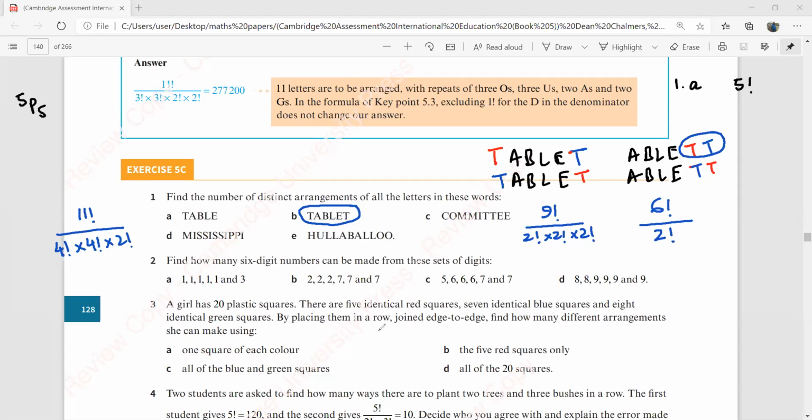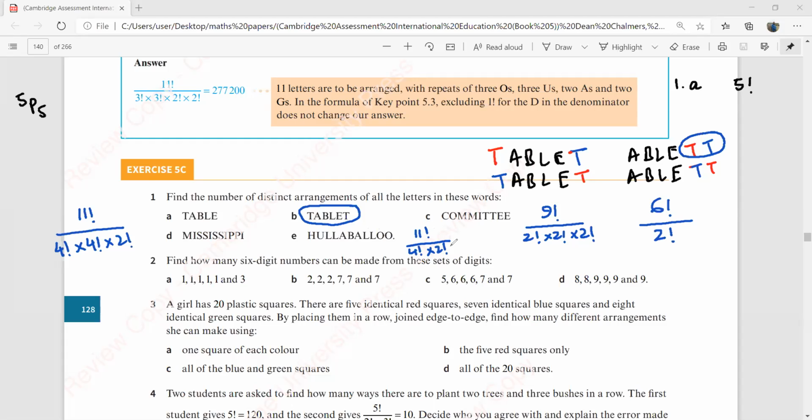Resham, can you tell us about the E part? Sir, 11 factorial over 4 factorial. 4 factorial for what? Sir, 4 factorial for 4 L's. Okay, and then beta? And 2 factorial for 2 A's. Okay, and then?